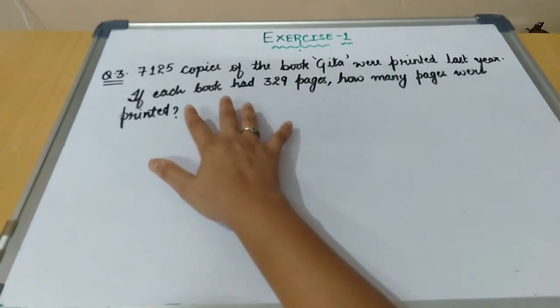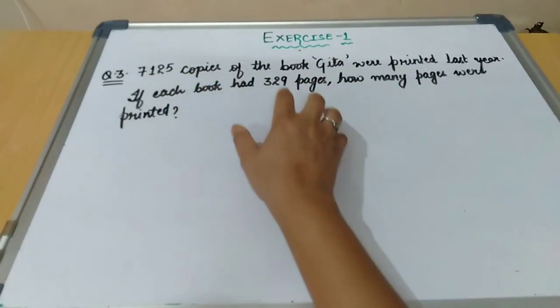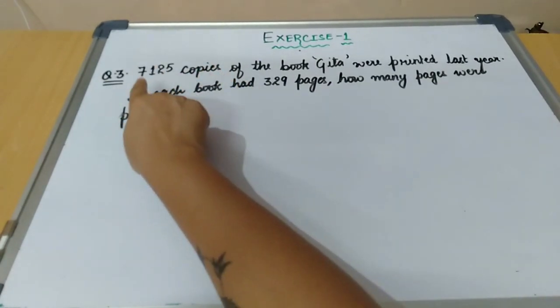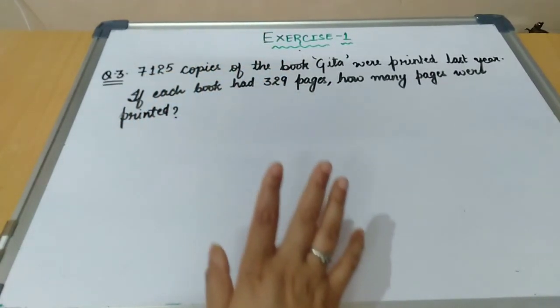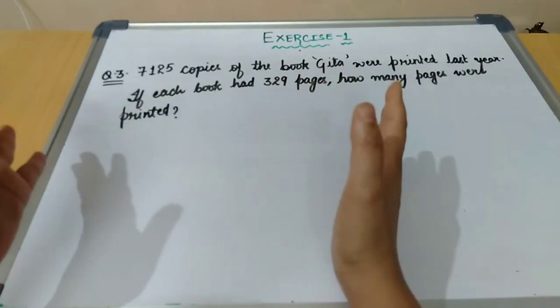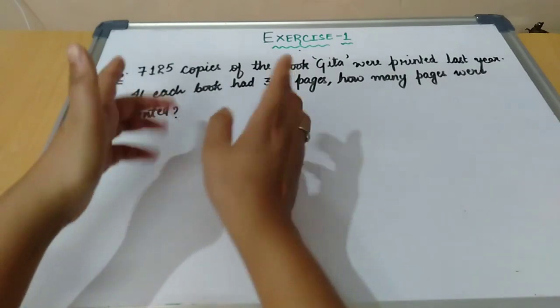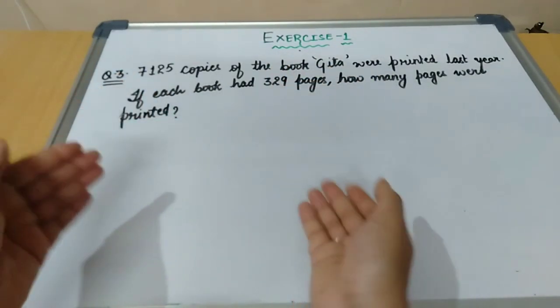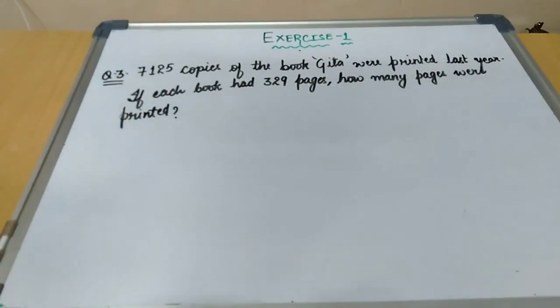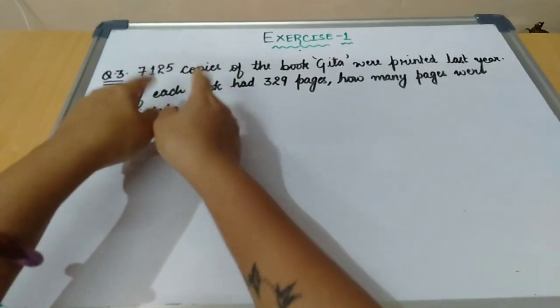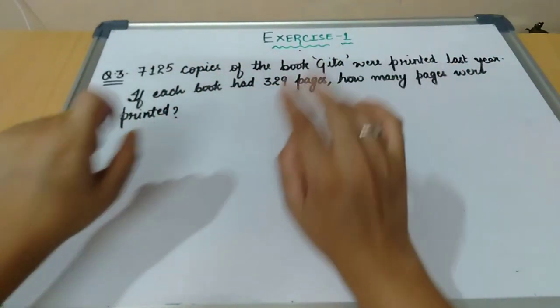So we have to find the total number of pages that were printed in 7,125 copies. That will be a very large number. That's why we don't have to add these numbers. We have to multiply the numbers to find out the total number of pages that were printed last year.